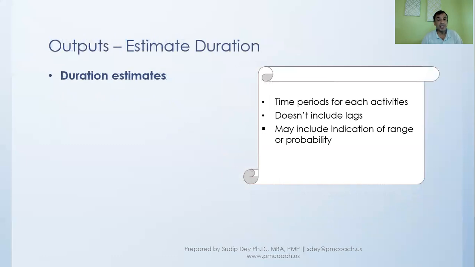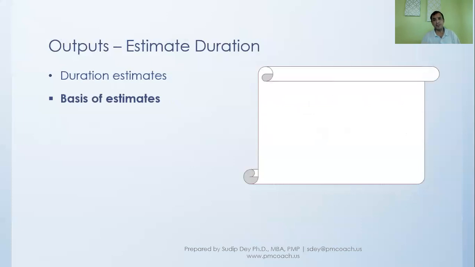But it might include a range or probability. We might not say that this particular activity will take exactly 5 days. We might say it will take between 4 to 5 days. Or with 90% probability, we are saying it will take 5 days. With 100% probability, we are saying it is 6 days. So this is the way we can probably represent these estimates.